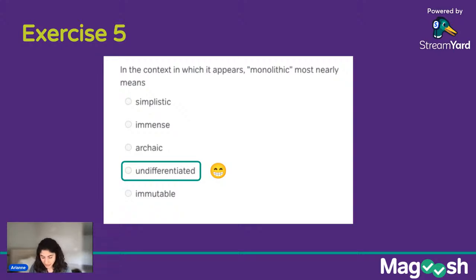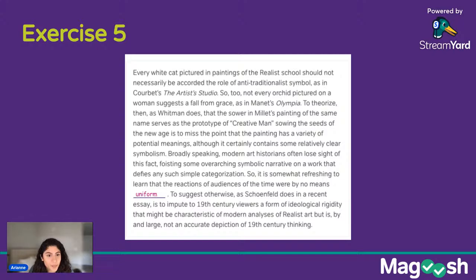And it's important to note again that if we go back to our passage, it says it is somewhat refreshing to learn that the reactions of audiences of the time were by no means uniform. So we're looking for the point that the passage is trying to make, but the word we're asked about has different meanings.